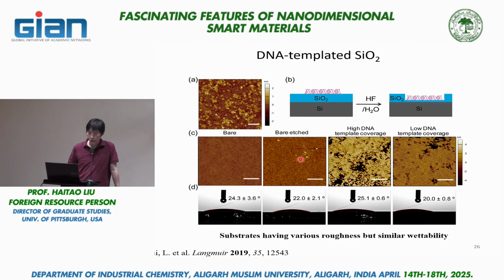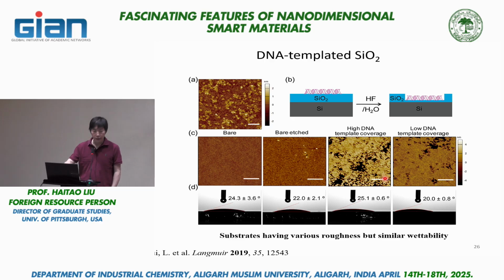So here I show different silicon wafers, not subject to any HF etching, subject to HF etching but without applying any DNA templates, and also subject to HF etching using different surface coverage of DNA templates.